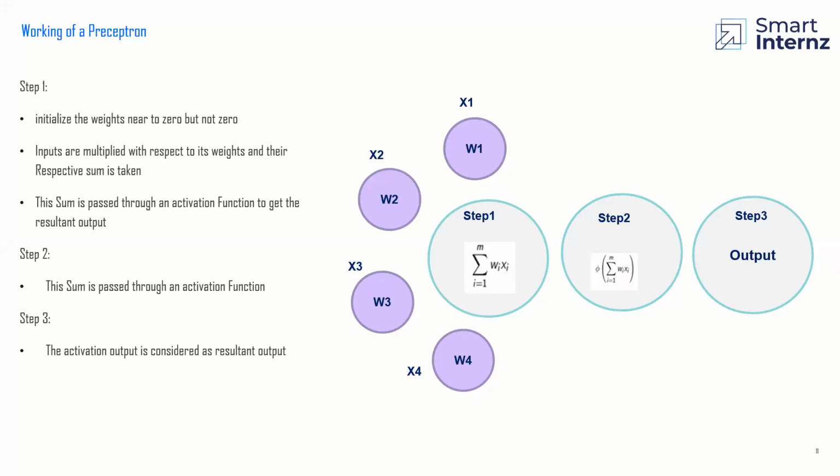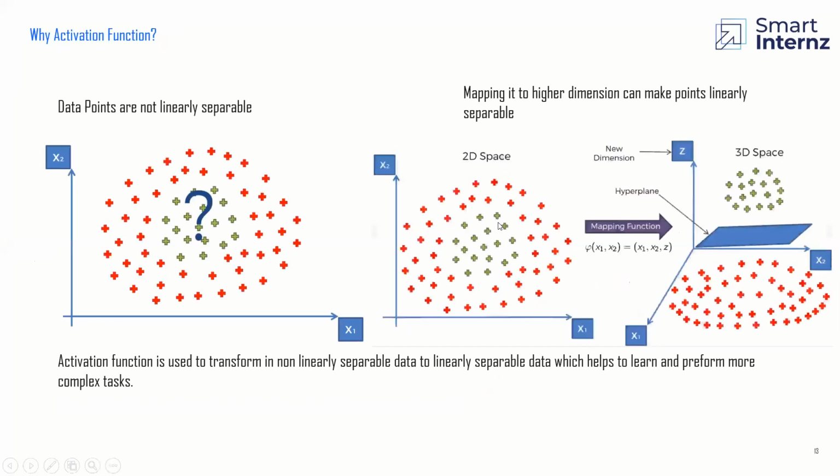An activation function can add non-linearity to the output, and this feature makes a neural network able to solve non-linear problems. Non-linear problems are those where you cannot directly find a linear relationship between the input and the output.